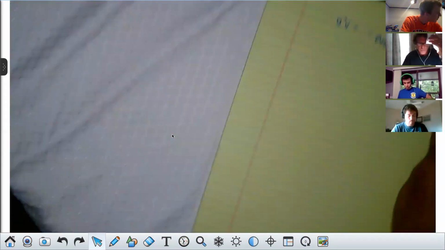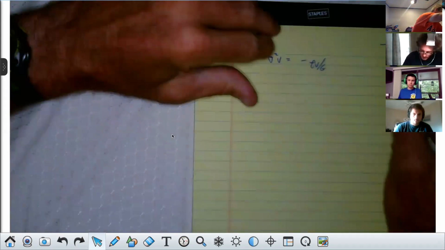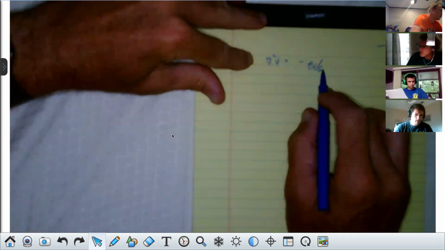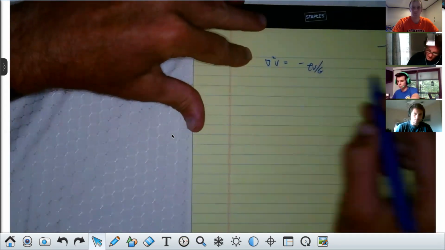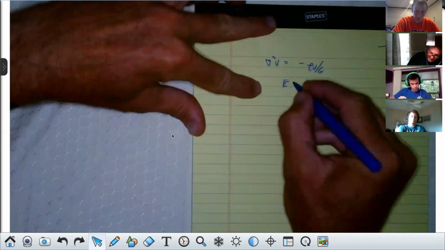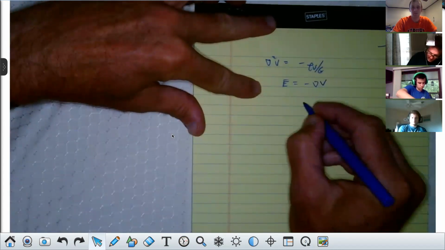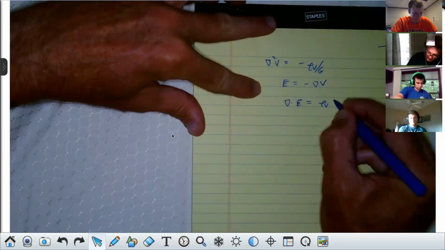Okay. Y'all can see this equation, right? This is really called Poisson's equation. I think you're familiar with this. You create this equation by saying E is equal to minus the gradient of V, and then divergence of E is equal to rho V over epsilon.